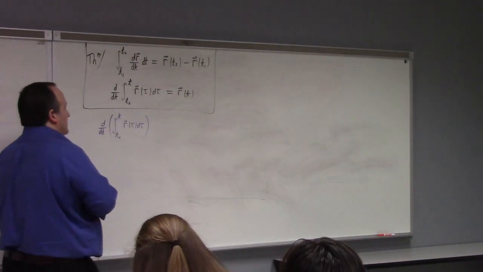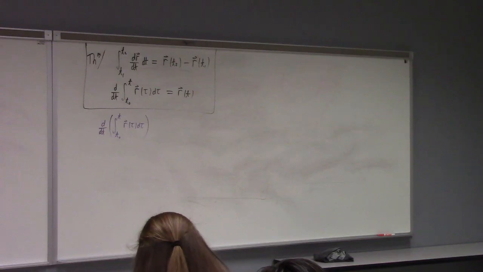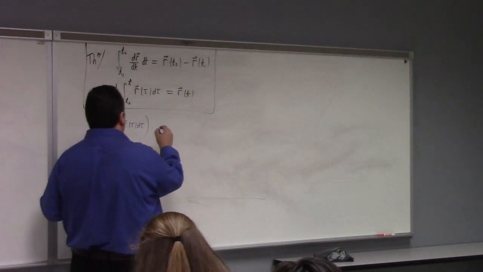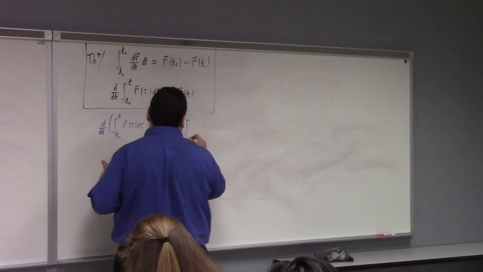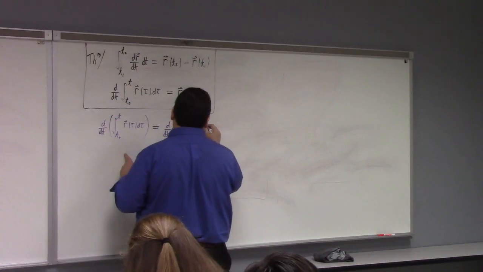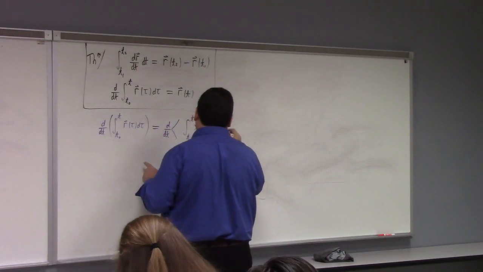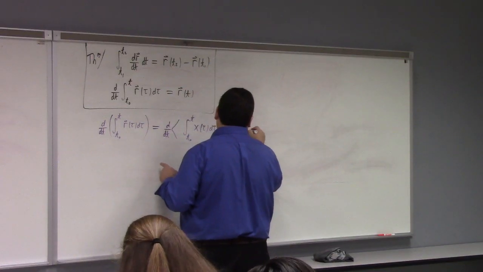So we're talking about d/dt of the integral, say from t naught to t, of r of tau d tau. I'm going to give you guys a break from the summation notation and just give you a two-dimensional proof, okay? So this is d/dt, but admittedly this is an inferior proof. d/dt of the integral from t naught to t of x of tau d tau, the integral from t naught to t of y of tau d tau.